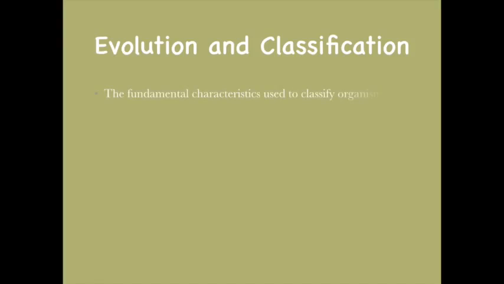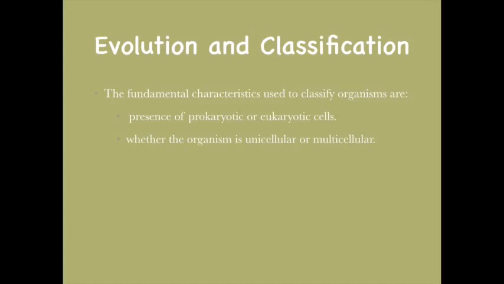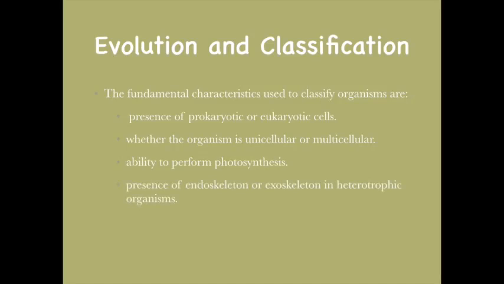Okay, now let us study evolution and classification. The fundamental characteristics used to classify are the presence of prokaryotic or eukaryotic cells, whether the organism is unicellular or multicellular, ability to perform photosynthesis, and the presence of endoskeleton or exoskeleton in heterotrophic organisms.